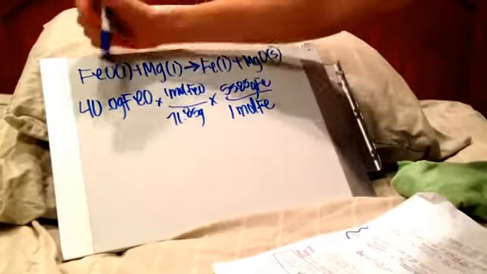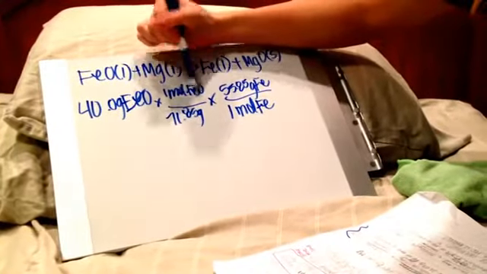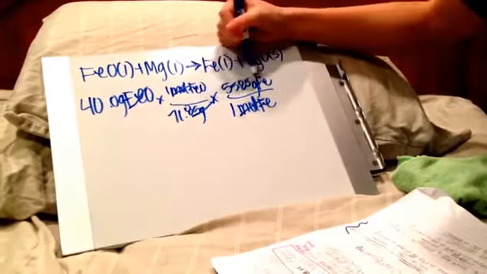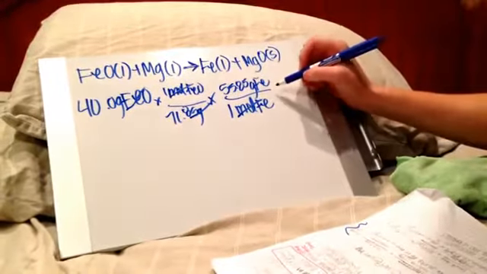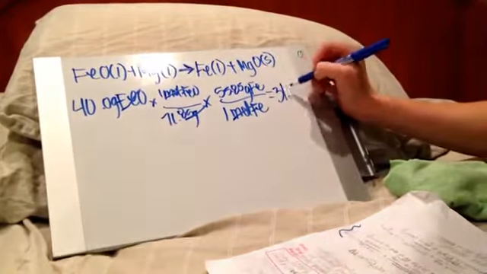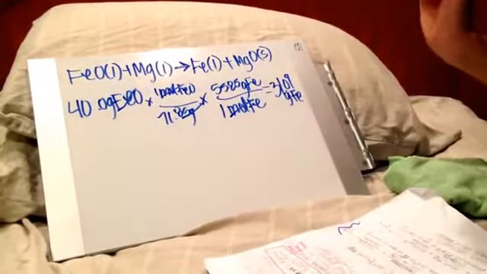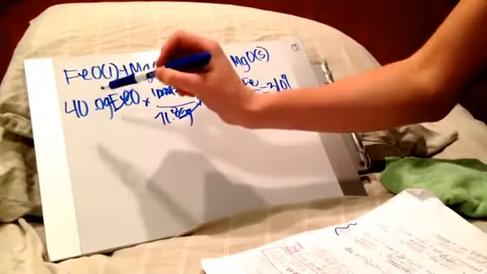And so if you calculate this out, let's see, so we do 40 divided by 71.85, and then that times 55.85, and it'll equal grams, and what it's going to equal is 31.09 grams of iron.